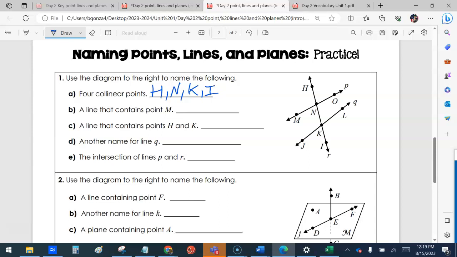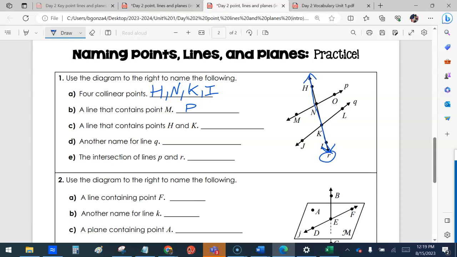All right. Now, what is a line that contains point M? P is correct. Line P. What about a line that contains H and K? What is this line? If you look at this line, there is a script letter right there.